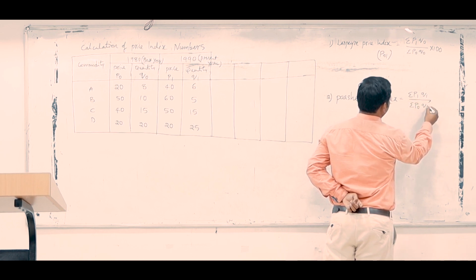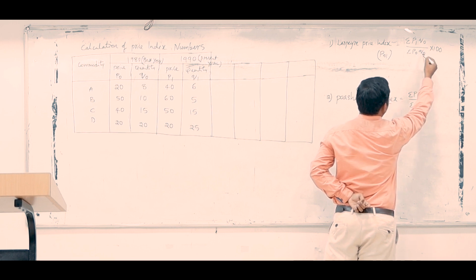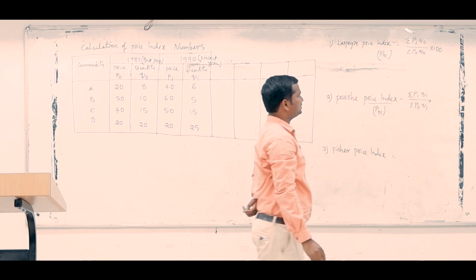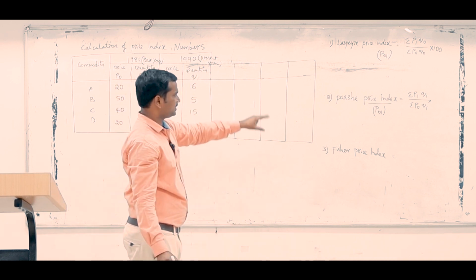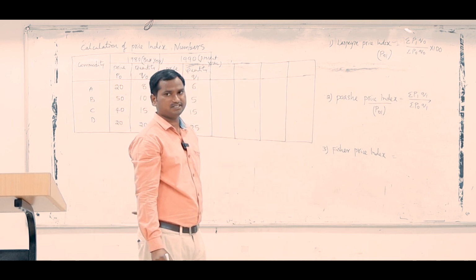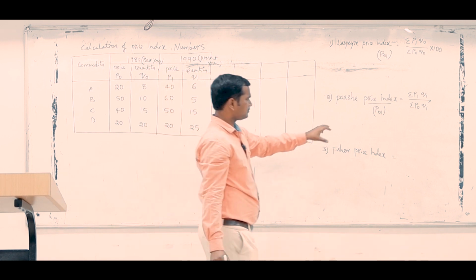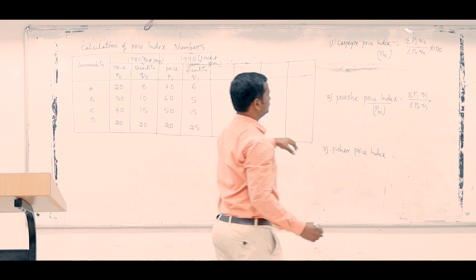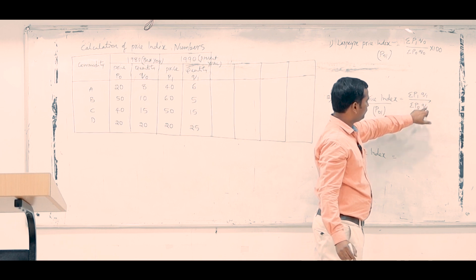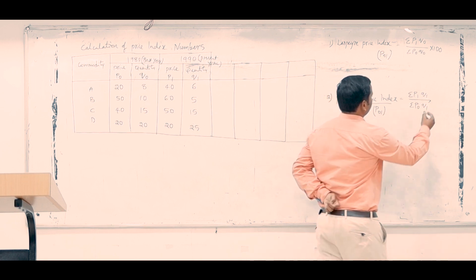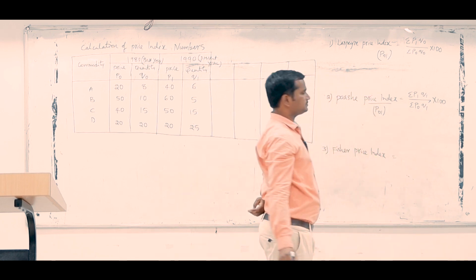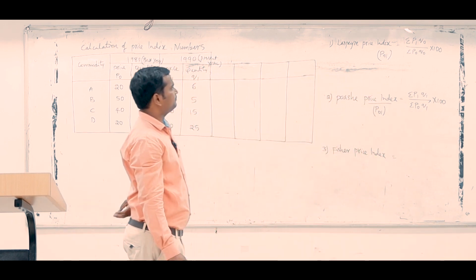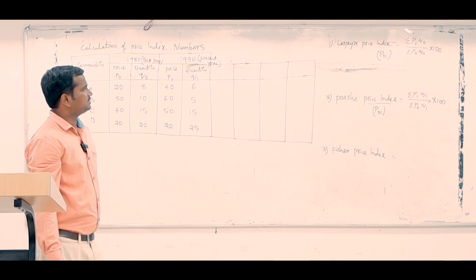So the price index, denoted by P01, will have Q1 in both the numerator and denominator, summation P1 Q1 divided by summation P0 Q1, into 100. These are the formulas used to construct the price index numbers by the Laspeyres and Paasche methods.